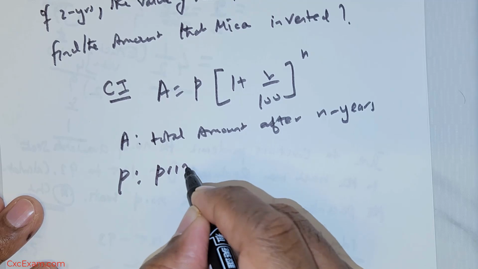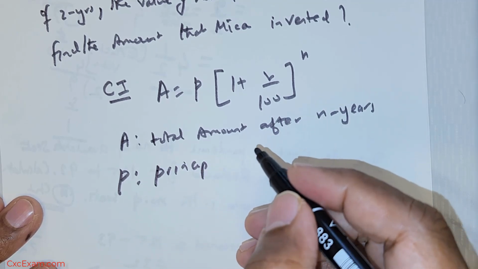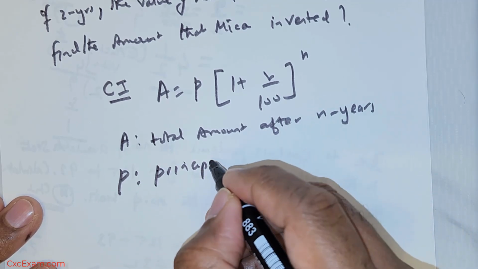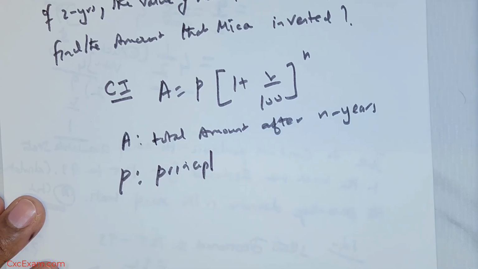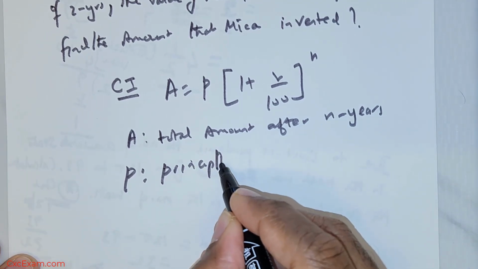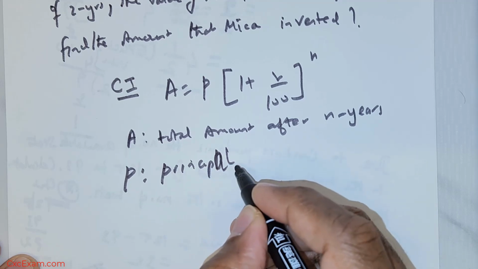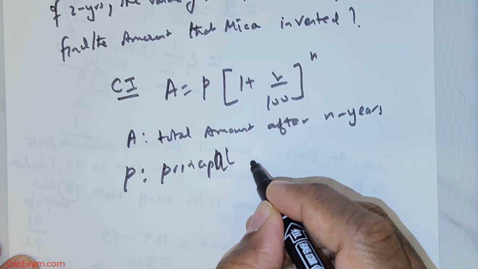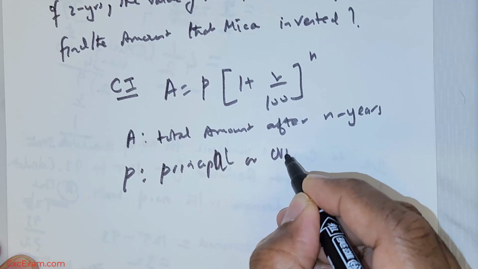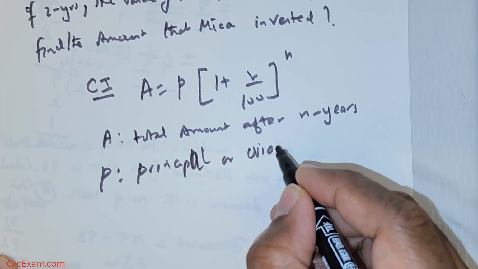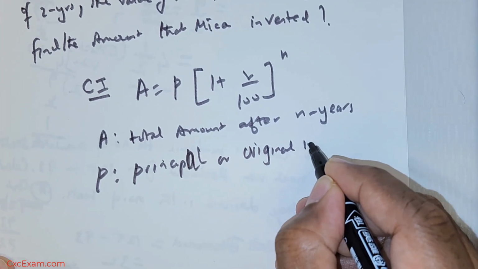Now P is the principal, or you can say the original investment.